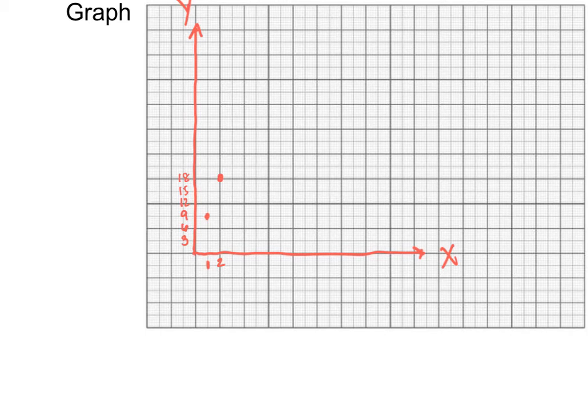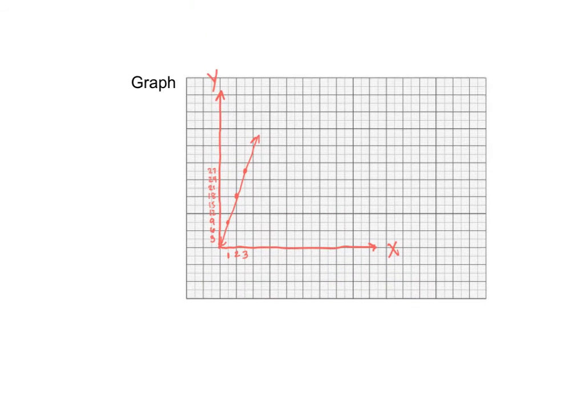Right here. 21, 24, 27. So when we have 3, 27, we move over to the 3 on the bottom on the x-axis, and then up to 27. That's right here, okay? Now, I see a line that we could form, just like that.